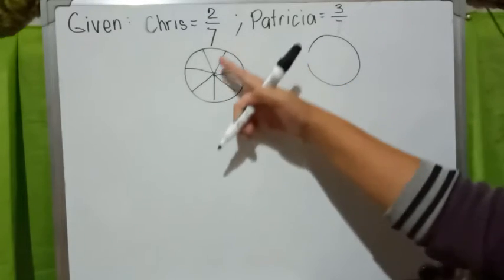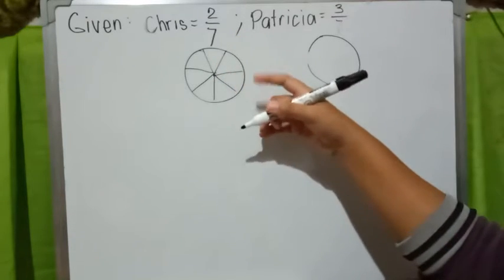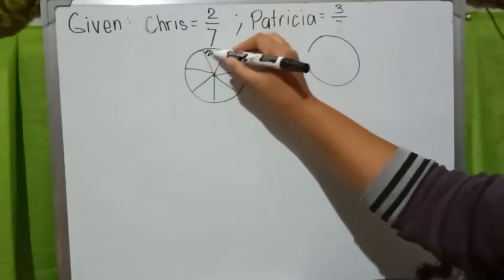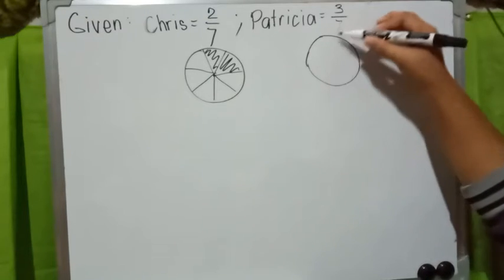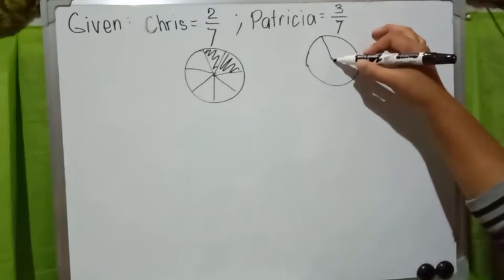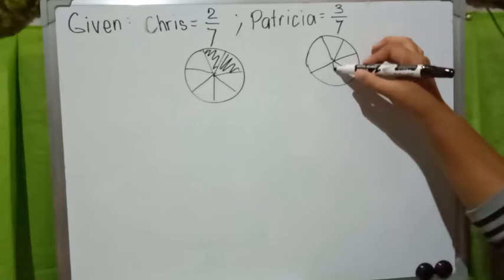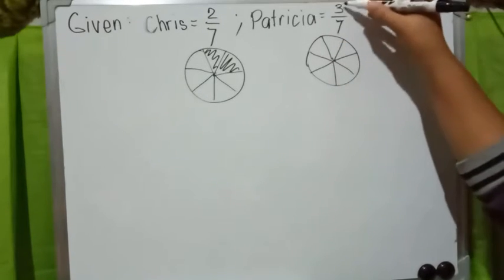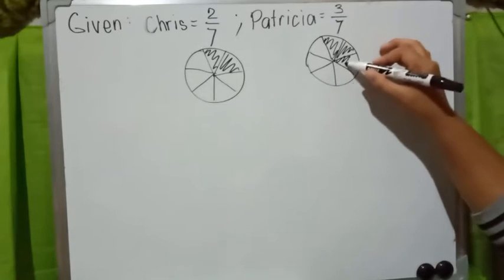As you can see now, we have divided equal parts for 7 parts of cake. So we need to shade 2. 1, 2. How about Patricia? We need to cut it again into 7 parts and shade 3 of it. 1, 2, 3.